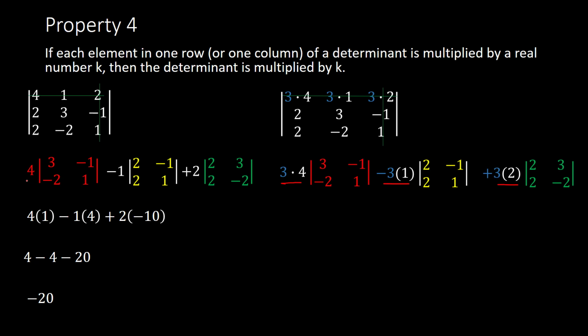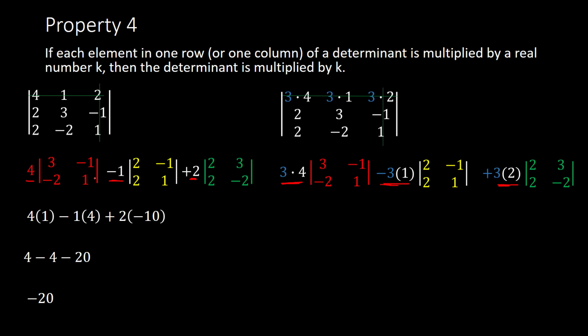Right over here was a 4, now it's a 3 times 4 for that first element. Here was a negative 1, now it's a negative 3 times 1 over here. And then over here was a 2, now it's going to be 3 times 2 for that third element. So the only thing that's changing is the number that we have in the first row. We multiplied everything by 3.